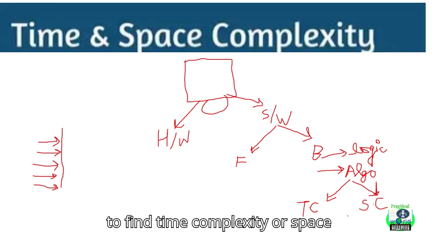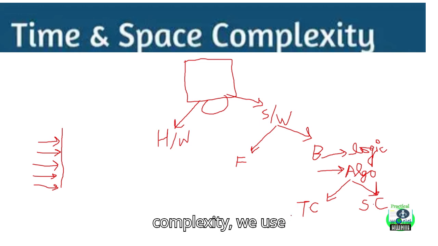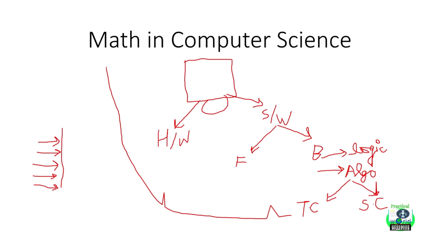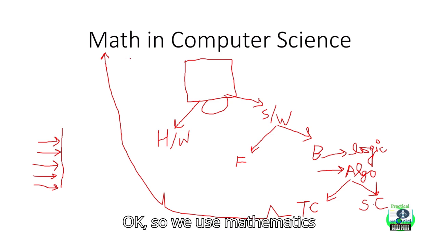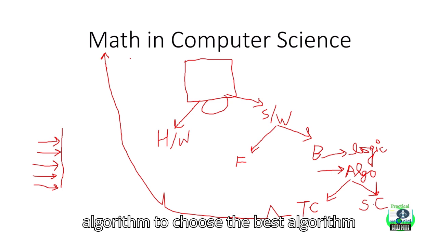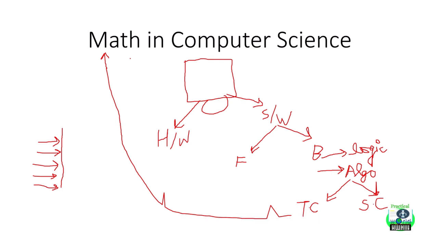And to find time complexity or space complexity, we simply use mathematics. So we use mathematics to calculate the complexity of an algorithm to choose the best algorithm for our requirement.